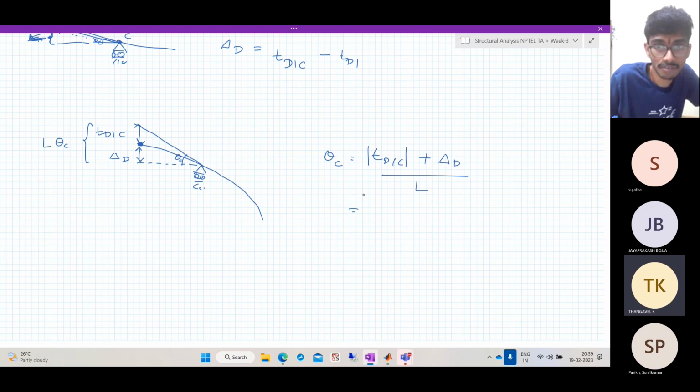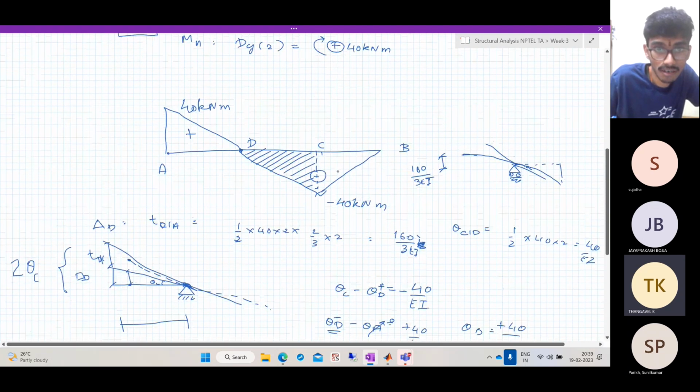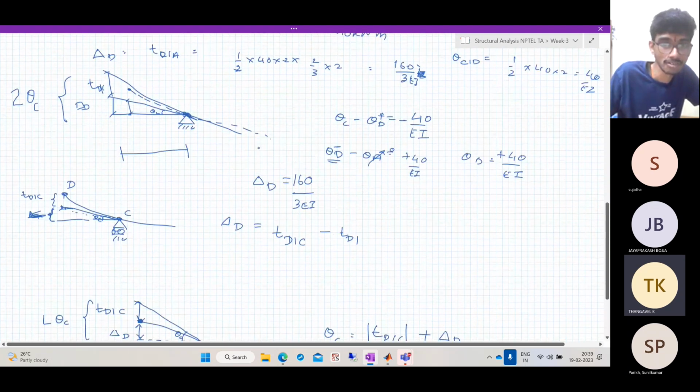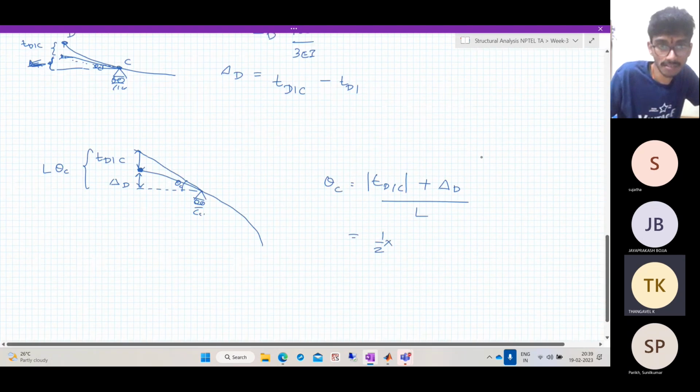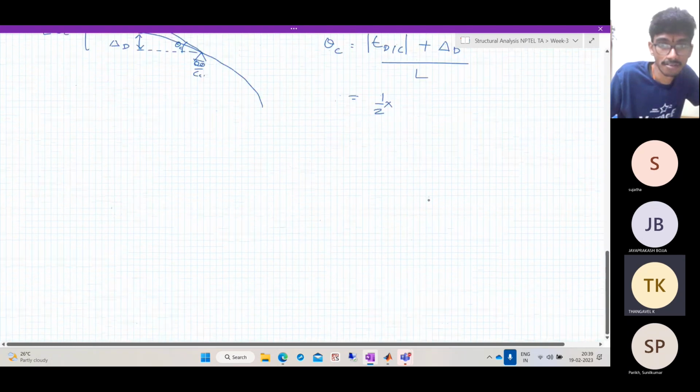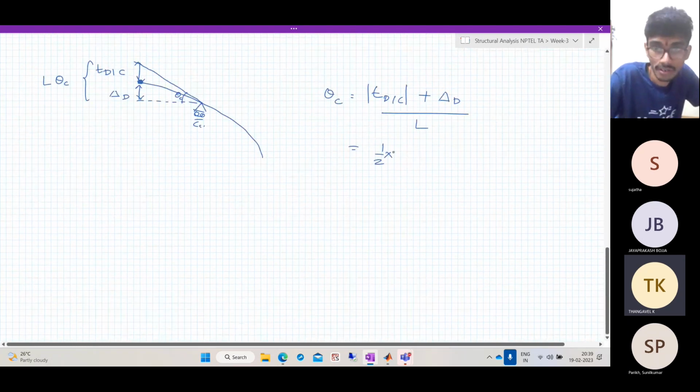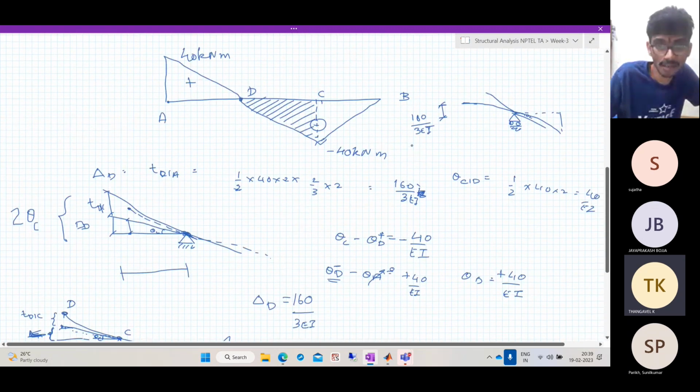What is TD with respect to C? We just found out. Oh no, we didn't find out. Let's find it out. TD with respect to C is half into the length, 2 meters, into height 40.